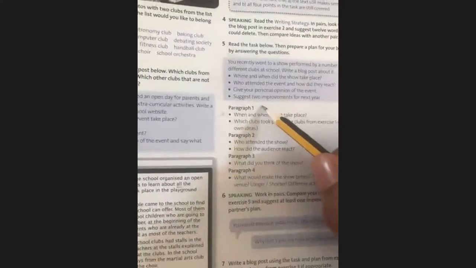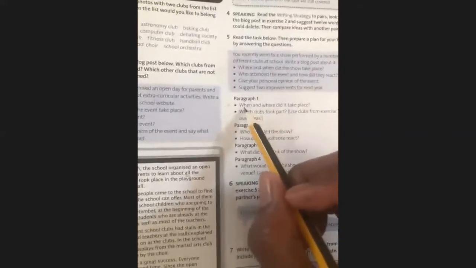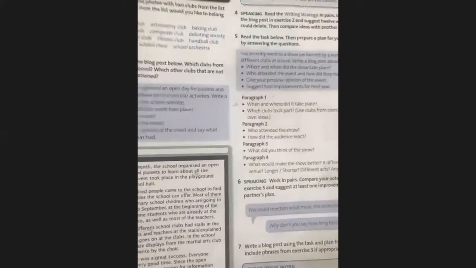The next one, when and where did it take place? So I talked about a blog and what happens in the first paragraph of a blog. In the first paragraph of a blog, it tells you when and where whatever activity took place. That's it. That's the test.